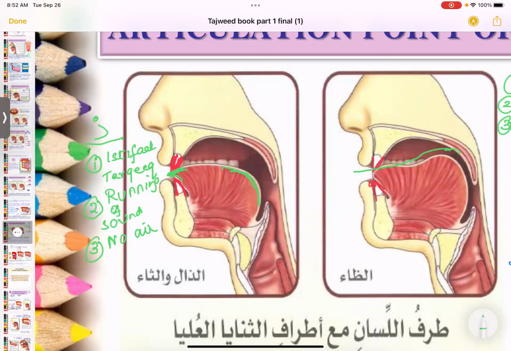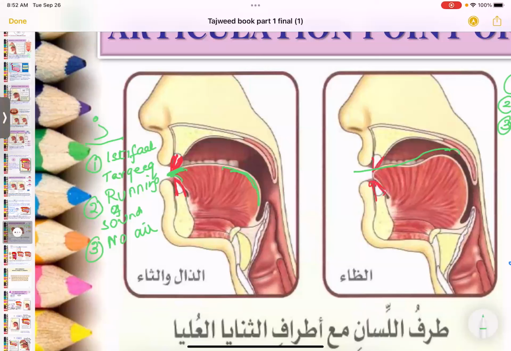There is no hums in dal. Remember, the tip of the tongue is raised up in dal and touches the edge of the top teeth.